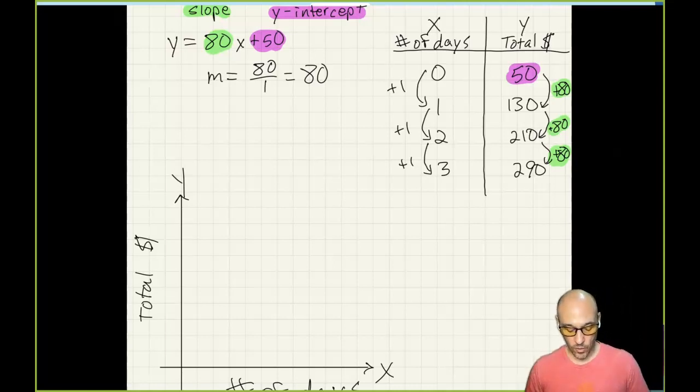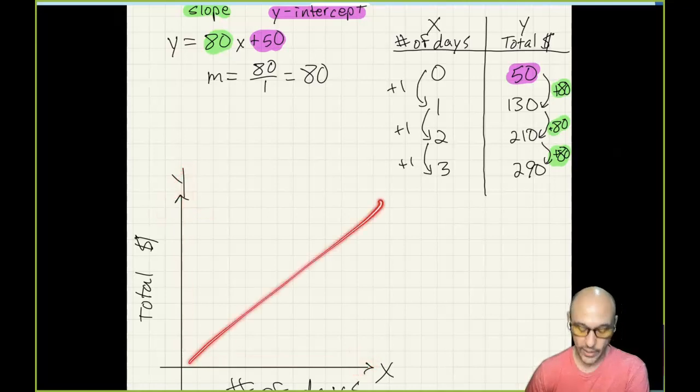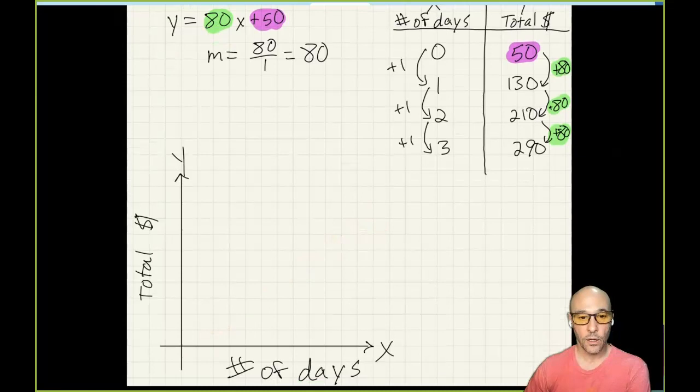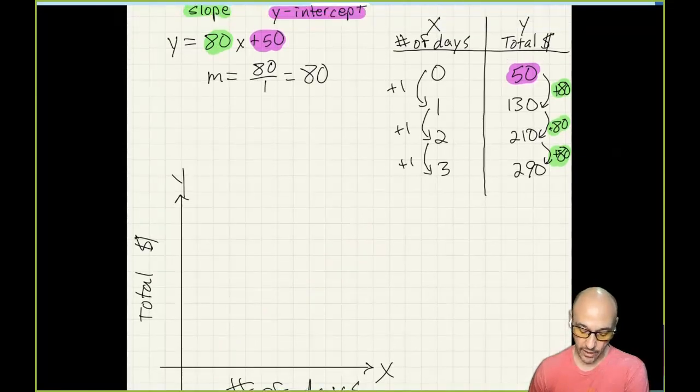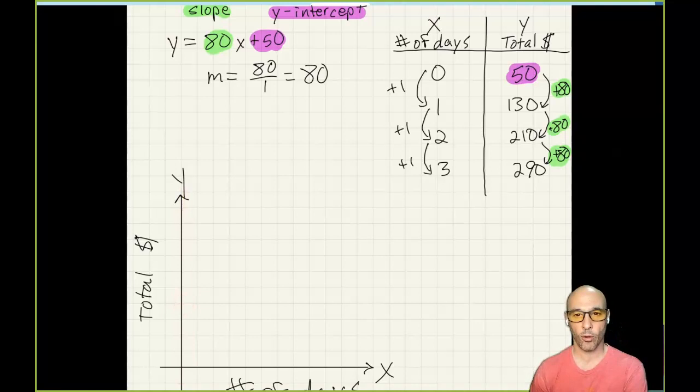And so we know that as our days increase, the dollar amount will increase. So it's going to be going up like this somewhere. And we also know that the y-intercept is going to have to be 50. So on the y-axis here, it's going to have to be 50. So we have to decide where we're going to put that.